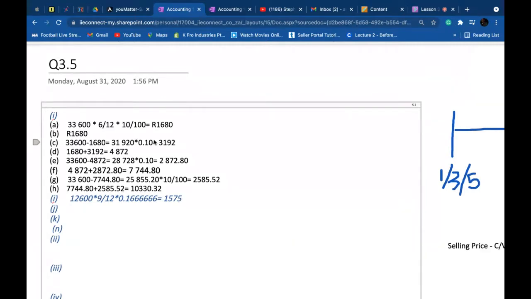Then for J, we know it's the same thing, right? Because that's the first period, first year. Okay, then we go on to the next one. This time, what is our depreciation going to be? This time is for the full year, right?